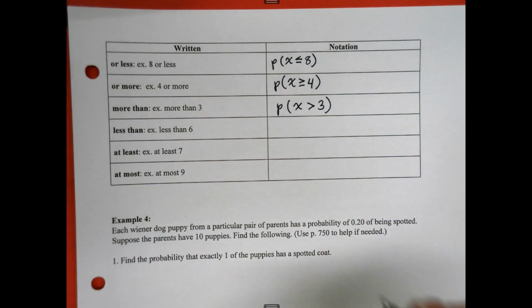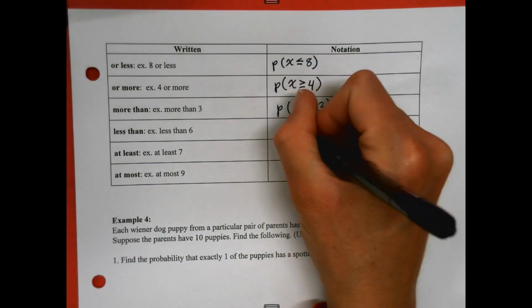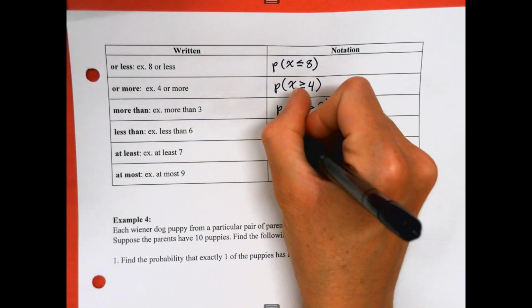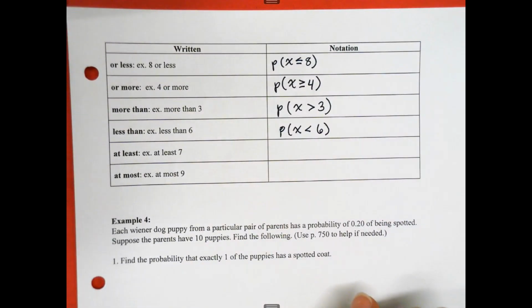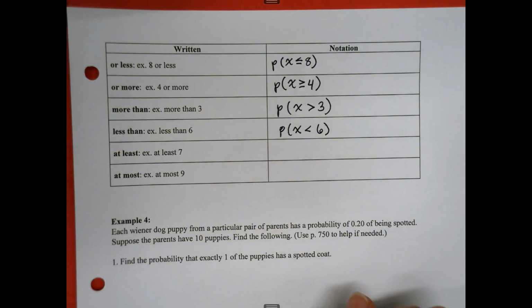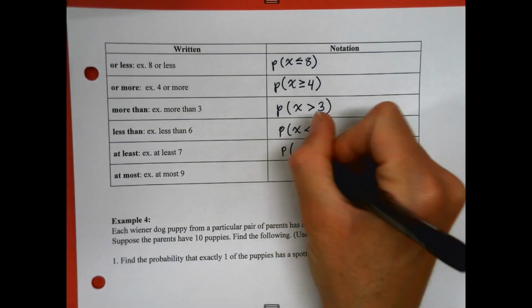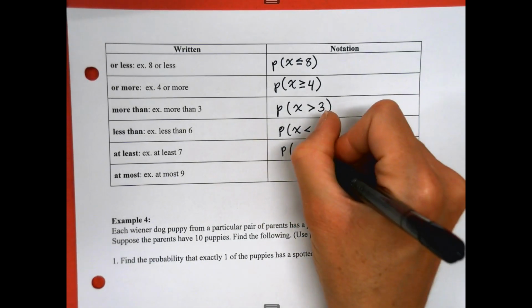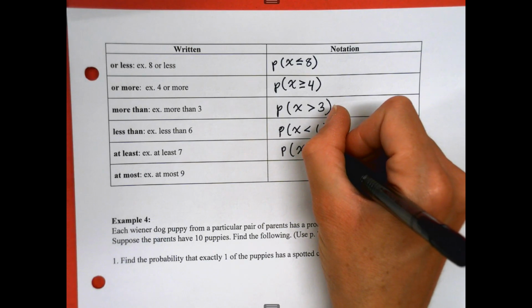"Less than," for example, less than 6, that's the probability that x is less than 6. "At least," so the example, at least 7, that means you need 7 or more. The probability that x is greater than or equal to 7.